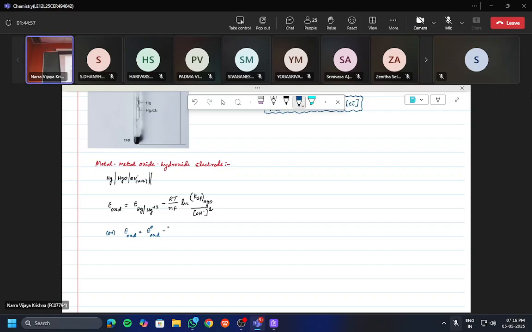Log something square can be written as 2 log that, 2 gone. So what do you get? Plus 0.0591 log OH minus. Check whether they gave this equation or not for oxidation. Same or not?